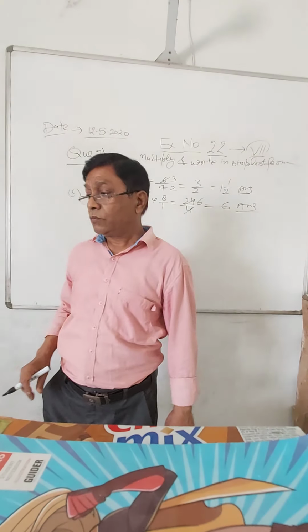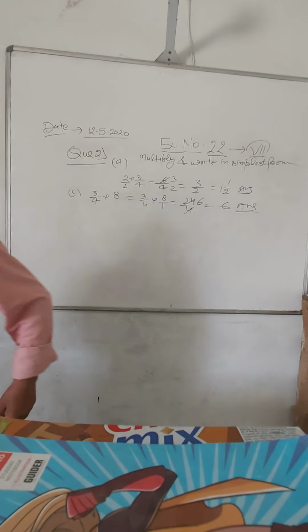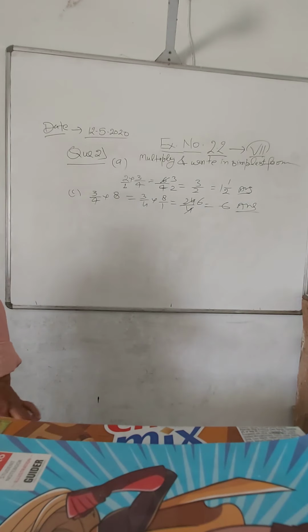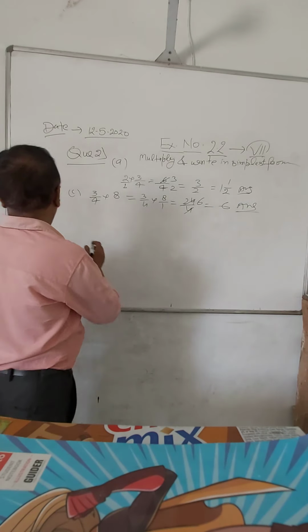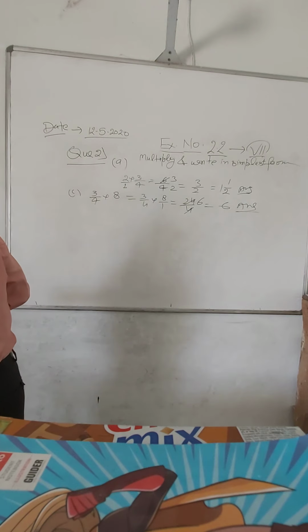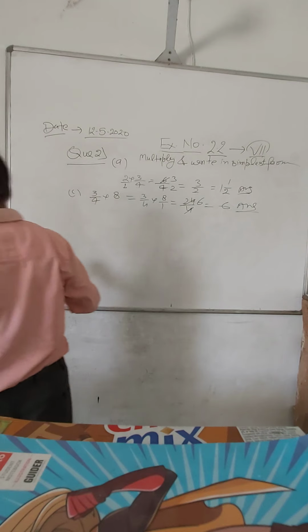Now, take one more example of a mixed problem. 4 into 5 whole 1 by 2. F.